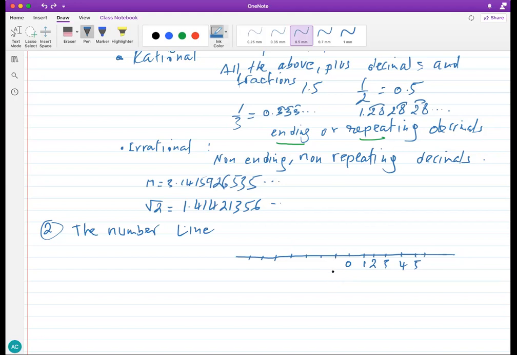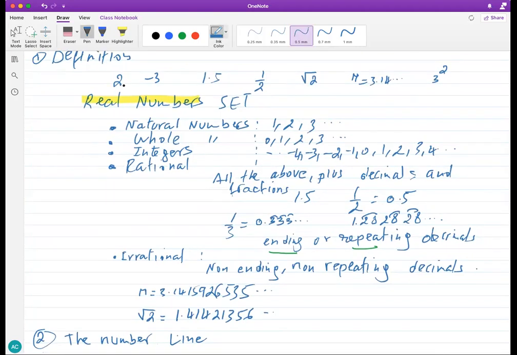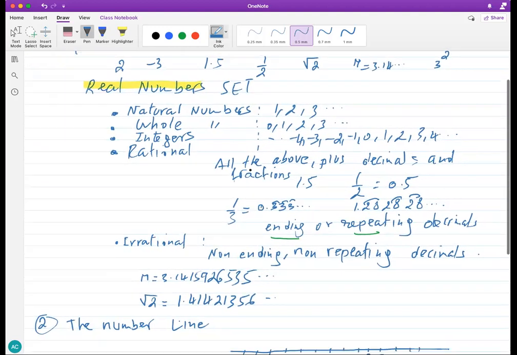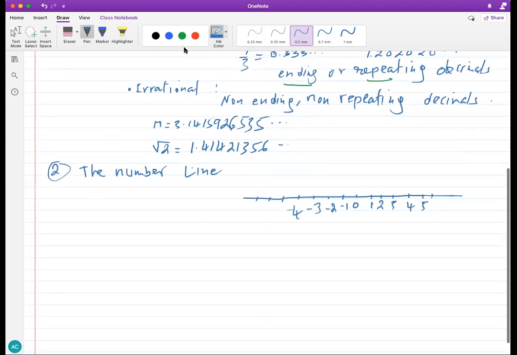That's -1, right? -1, and then it keeps going. -2, -3, -4, and so on. So that's what we mean by the number line. And we can put all these numbers we mentioned earlier on the number line. We can plot them. Any real number basically can be put on this number line.